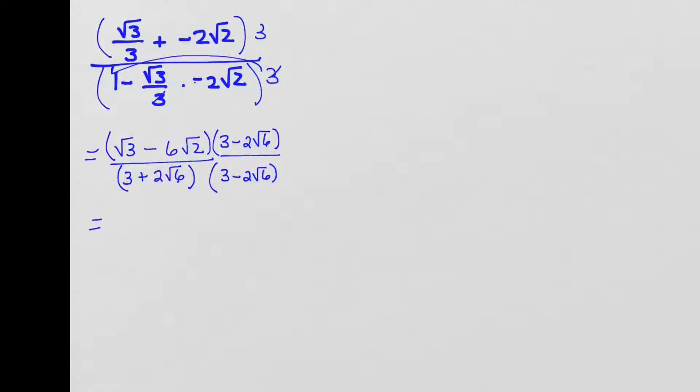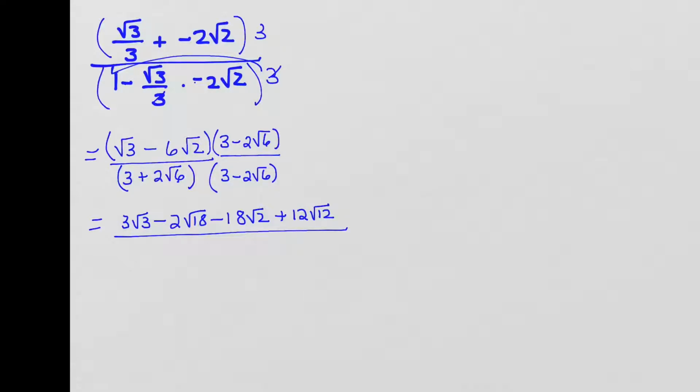Okay, so now when I distribute or use FOIL in the numerator, I'm going to get 3 square root of 3 minus 2 square root of 18 minus 18 square root of 2 plus 12 square roots of 12.